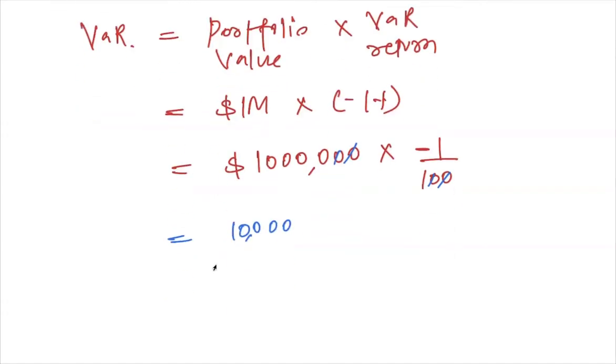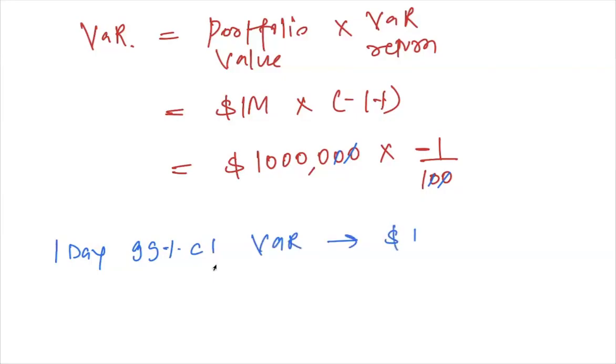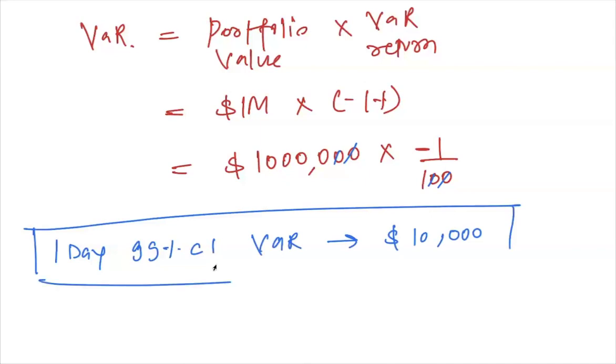So how much is the value at risk number? One day, 99% confidence interval value at risk is $10,000, right? So this is how you calculate your VaR number using the historical method.